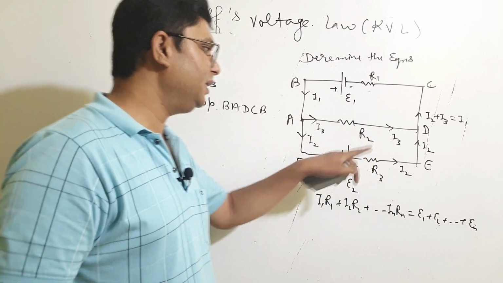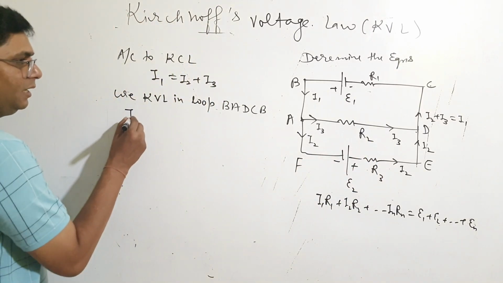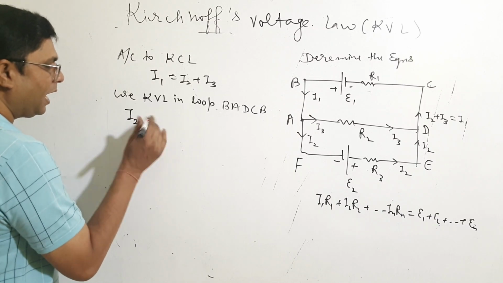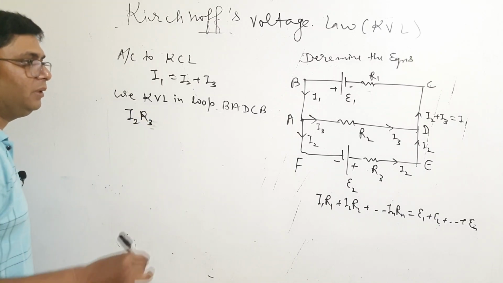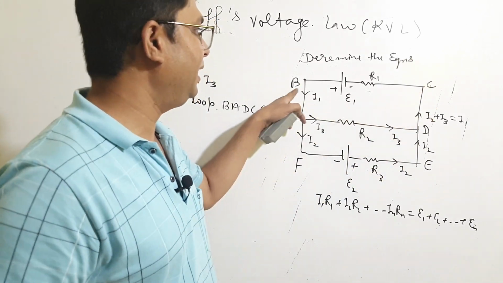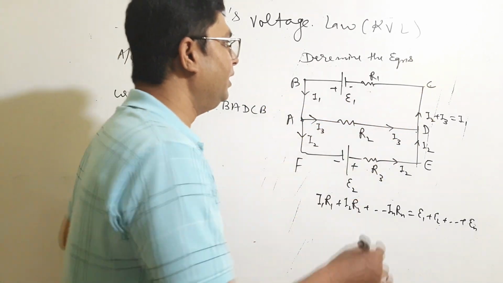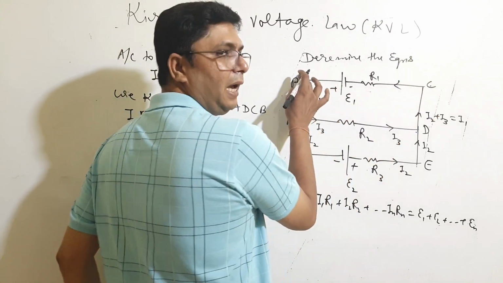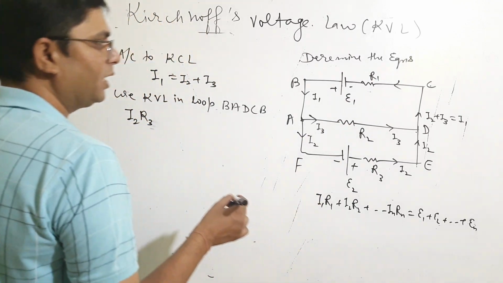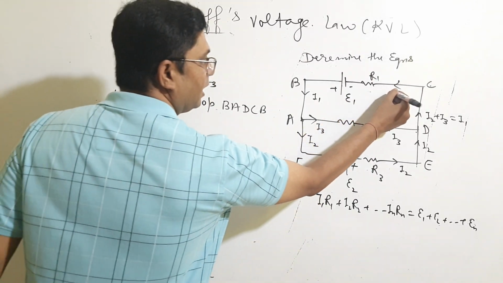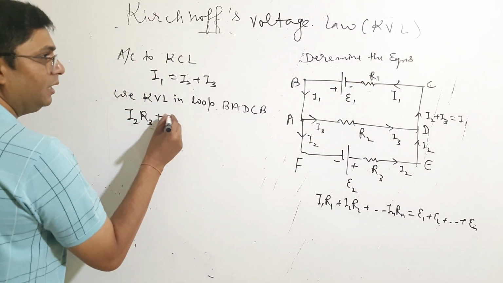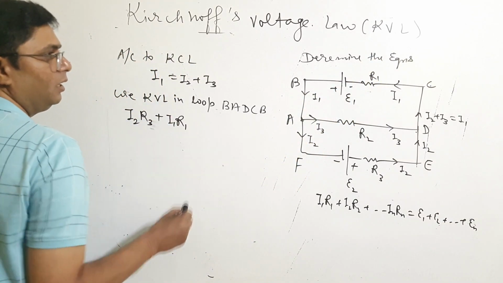So write on the LHS side I3 R2, positive. Now from D to C there is no resistance, but from C to B the resistance is R1. Current is moving from C to B and you are also moving from C to B in this loop. Both have the same direction, so again you take positive. This is I1 current and R1 resistance. So write I1 R1.